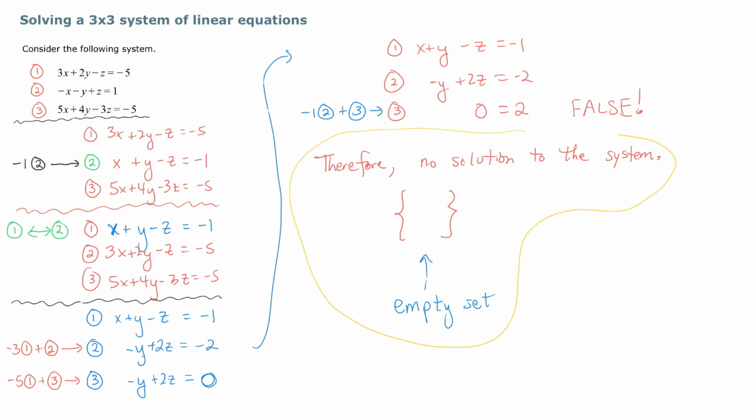But more importantly, make sure you can actually show organized work. Notice how neat this is. All your x's are in one column, all your y's are in another column, all your z's are in another column. Your equal signs should pretty much stay right below each other. And then the number on the right-hand side of the equal sign should also be in a column.